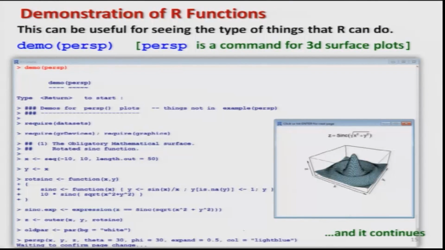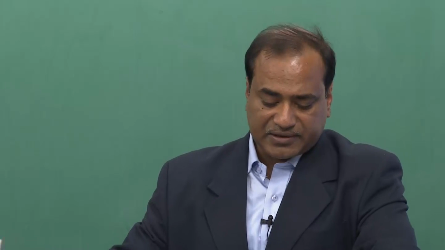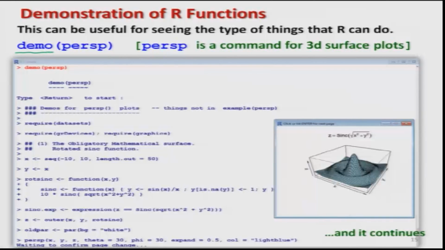So, after this let us try to see, in case I want to have a demonstration of a function, then how to get it done, right. In order to get a demonstration of a function, the syntax is demo, and inside the bracket I have to write down the name of the function on which I need a demonstration.